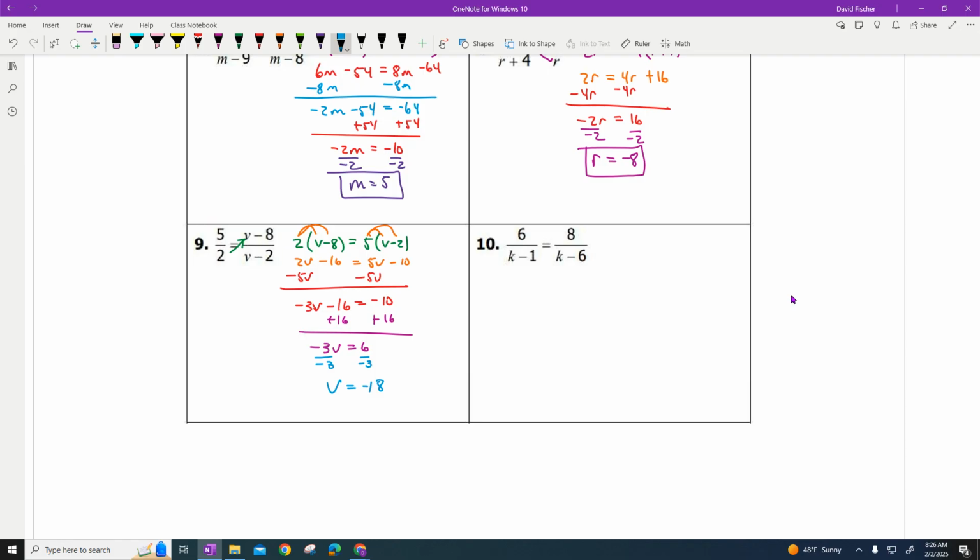Uh-oh, that one doesn't match my answer. Let's see where I boo-boo. 2 minus 16. I like that. Subtracted 5v's from both sides. That's a minus 3v. 16. Add 16. That's 6. I like that.